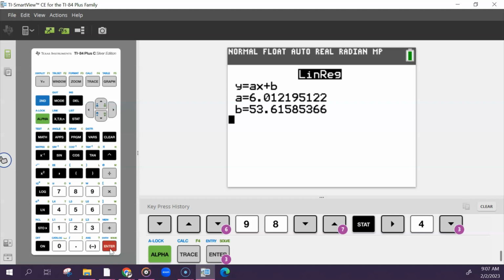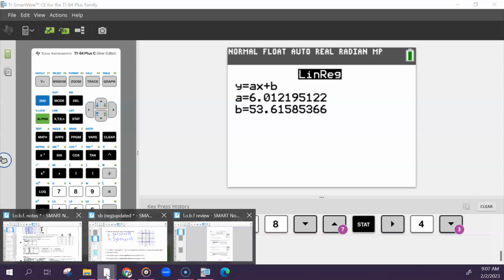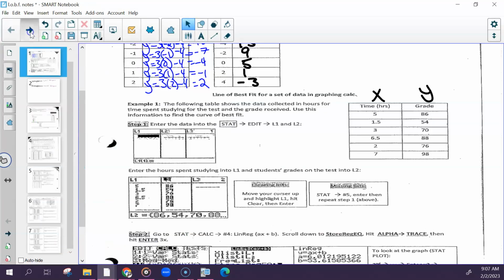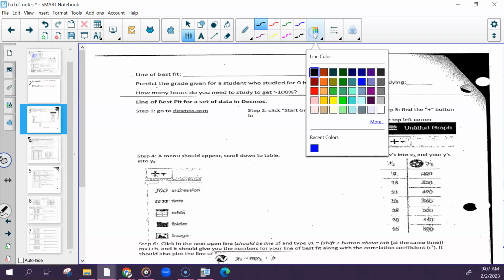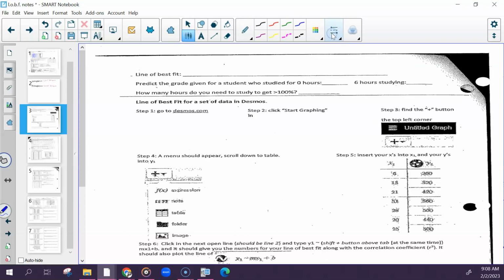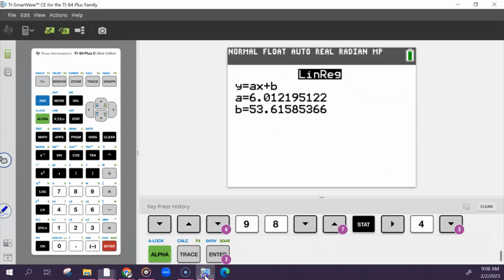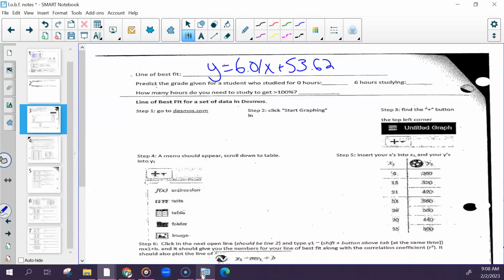On the next page is where you would write this. y equals 6.01x plus 53.6. That would be our line of best fit.